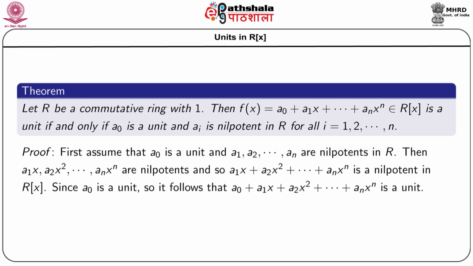Here I will not go into the detail of the proof. Let me sketch. First, assume that a0 is a unit and a1, a2, ..., an are all nilpotent in R. Then a1x, a2x squared, ..., anx to the power n are all nilpotent, and hence their sum a1x plus a2x squared plus ... plus anx to the power n is a nilpotent element in R[x].